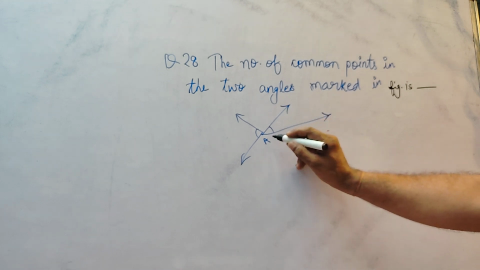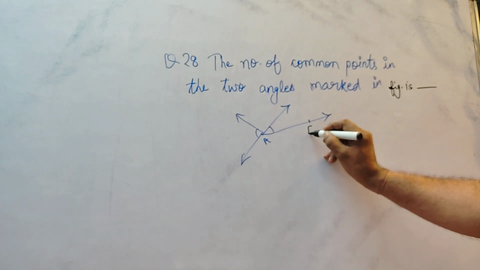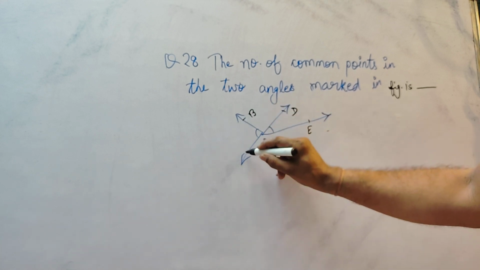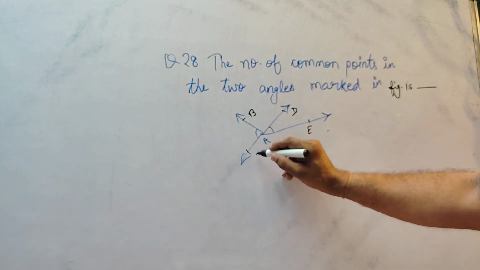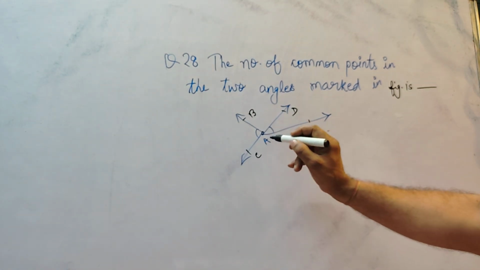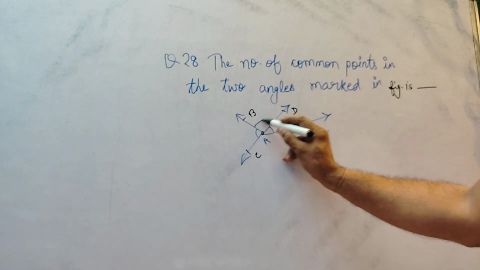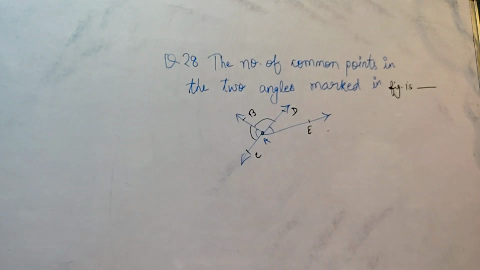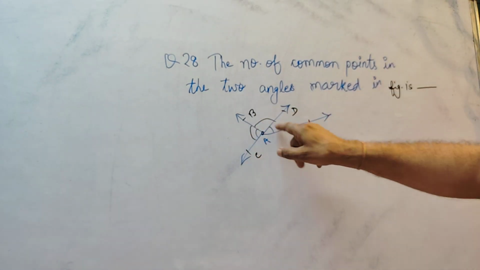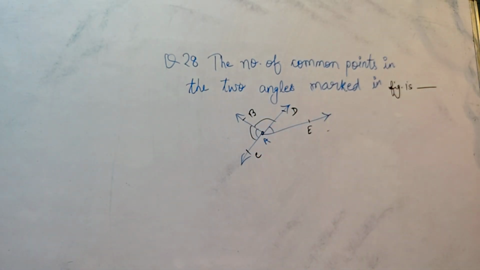Here is vertex A, then E, D, B, A, C. This is the common point for the two angles, two adjacent angles. So the answer is 1.